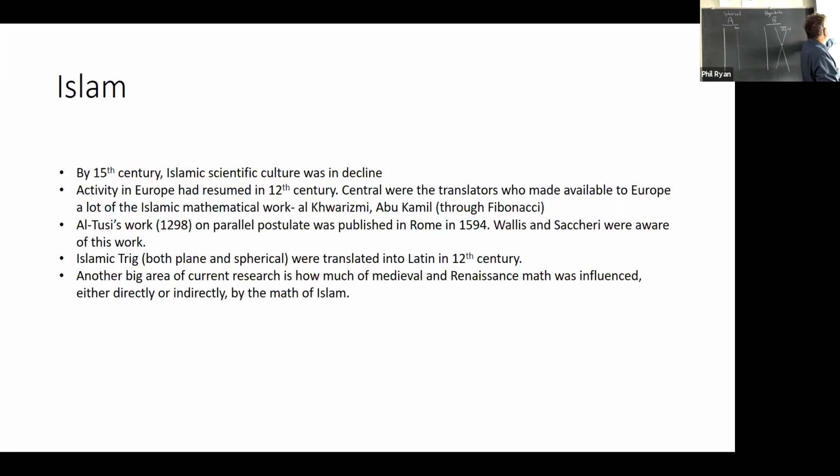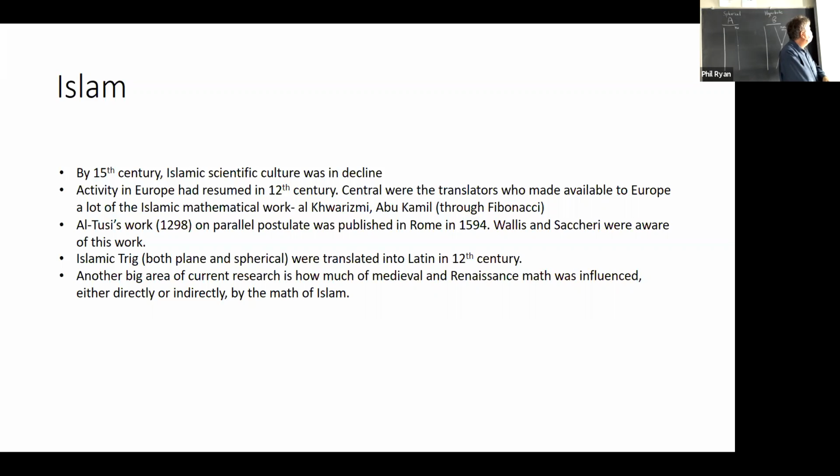We've seen how we've seen trig in both plane and spherical form. We saw how that was important in the Islamic Empire, and that was translated into Latin in the 12th century. And those ideas spread into Europe and were taken up.